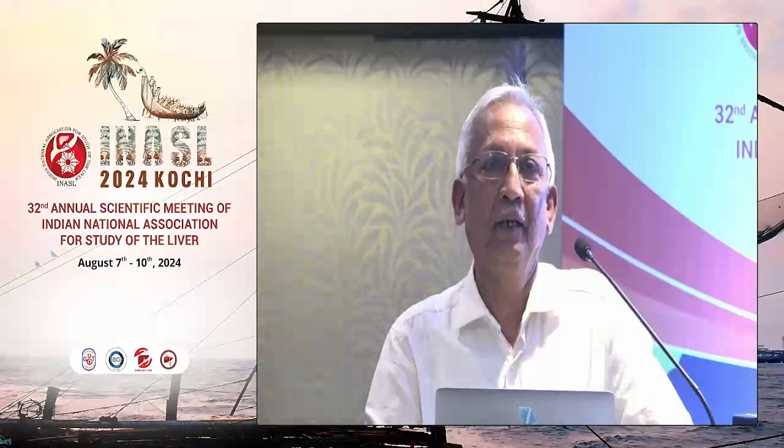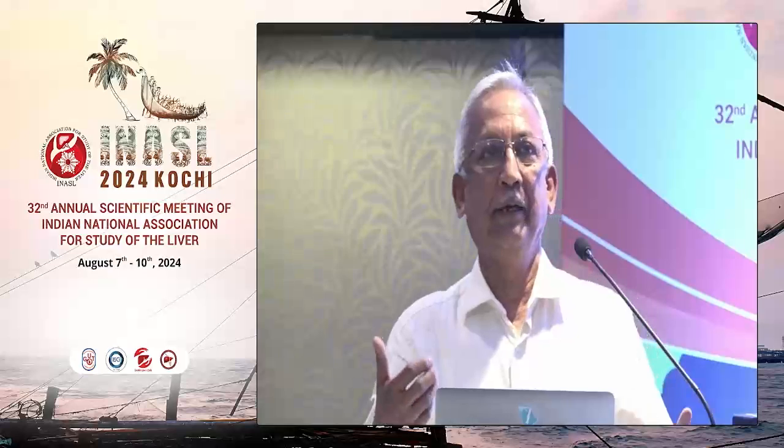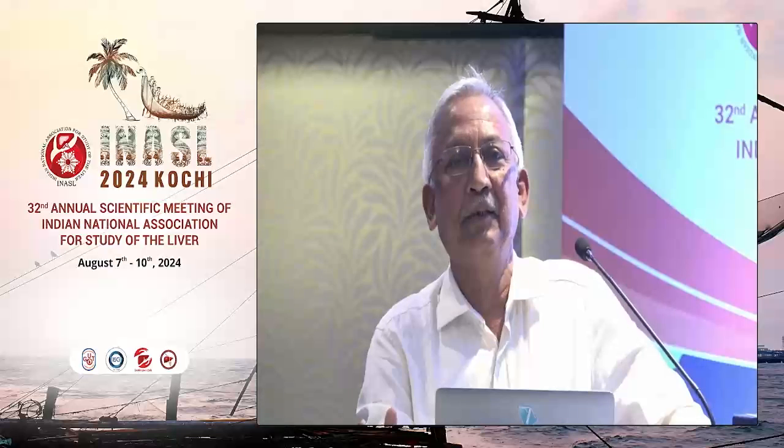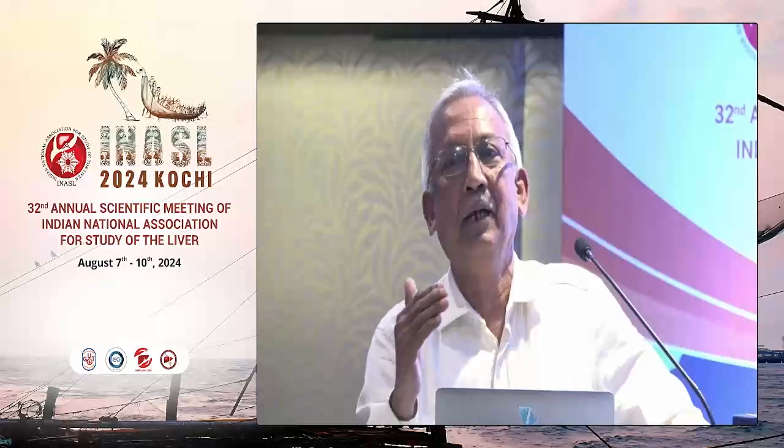There is a lot of gray zone between drug-induced liver injury, autoimmune hepatitis, and drug-induced autoimmune hepatitis. How will you differentiate between these three? Sometimes we are also confused. I think this is a very difficult question for a pathologist also. As I mentioned, moderate to severe portal inflammation and significant interface hepatitis will point us towards usual idiopathic autoimmune hepatitis.